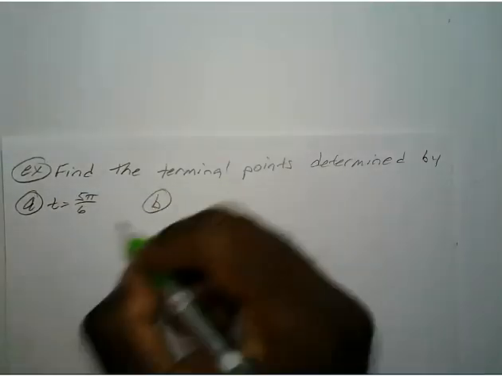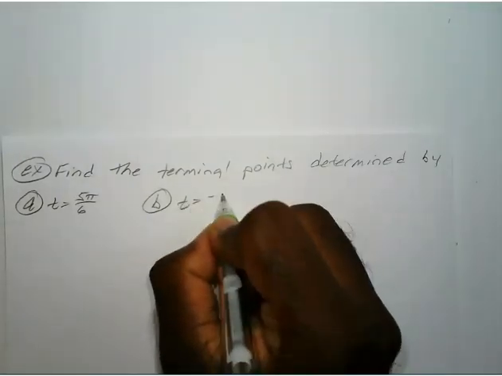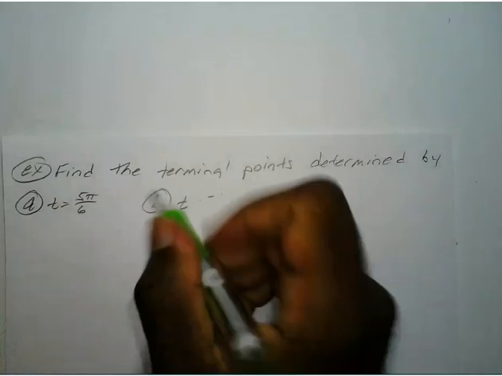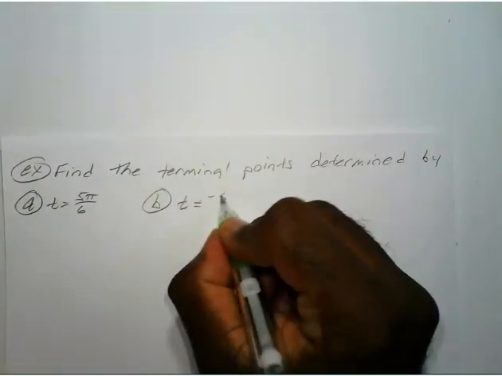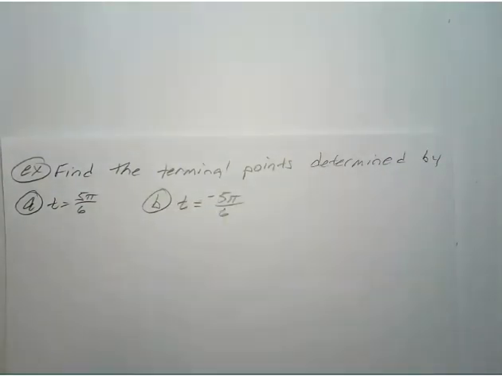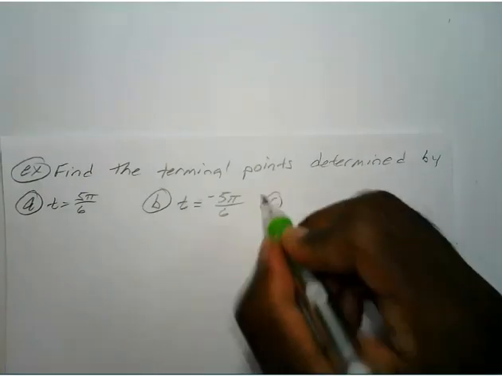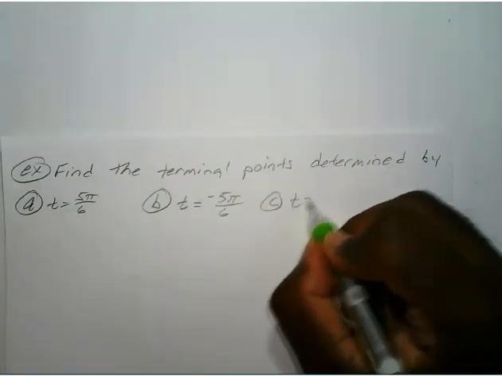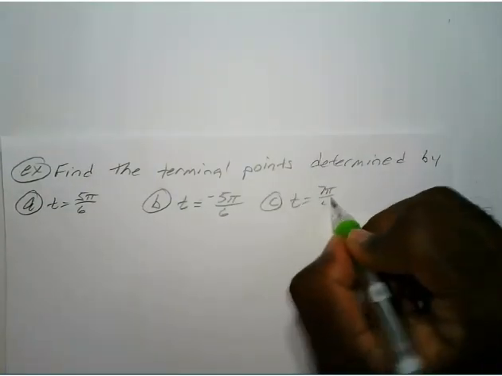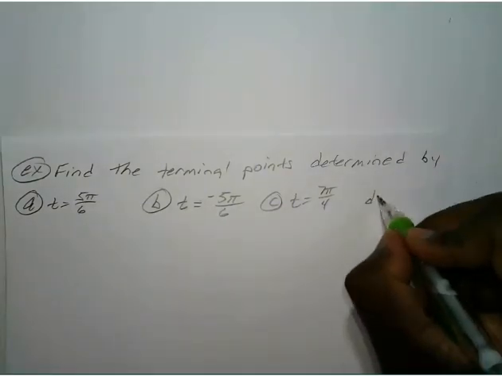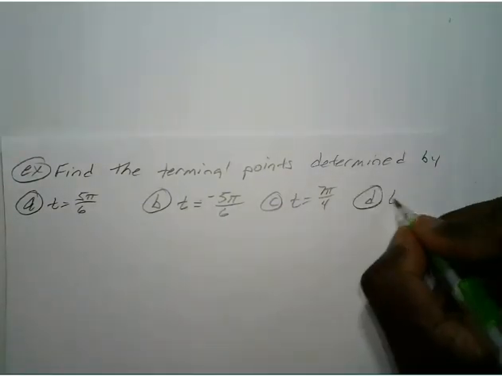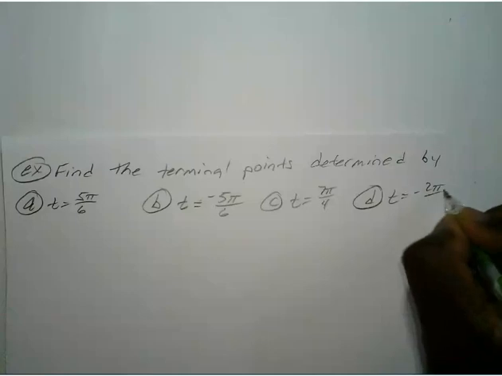B, t is equal to negative 5 pi over 6. Let me clean that up a little. C, t is equal to 7 pi over 4. And D, t is equal to negative 2 pi over 3.